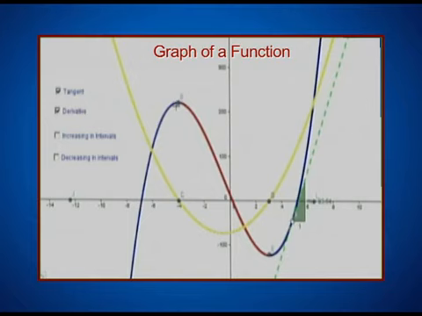That is what you saw earlier in terms of the slope of the tangent as well. So, slope of the tangent, same as the derivative, is positive when the function is an increasing function.